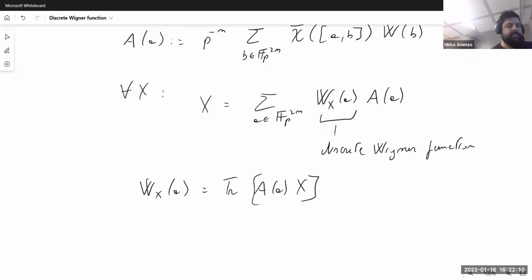If you expand everything, now you have 1 over p to the n, and then there's just the definition of the phase point operator.